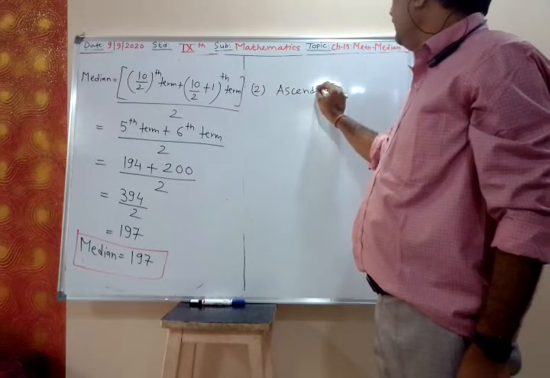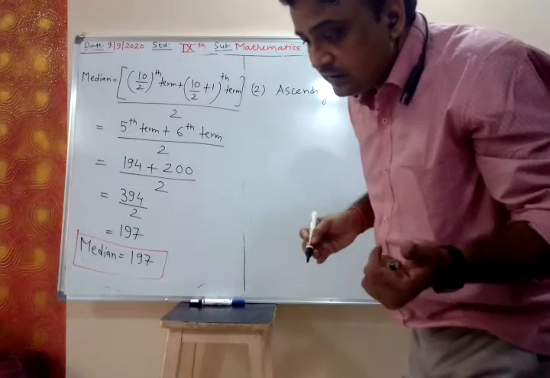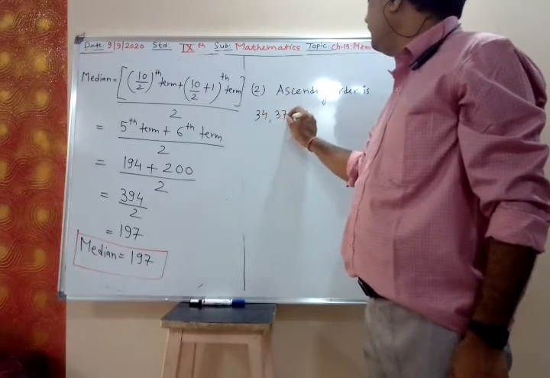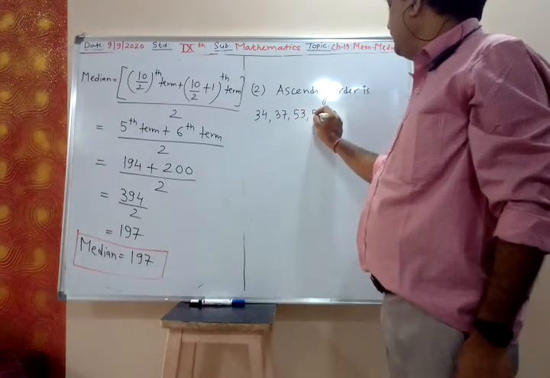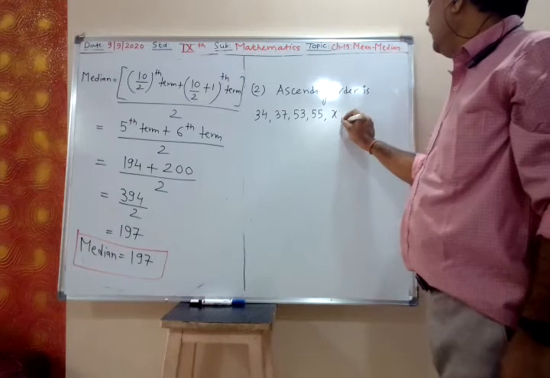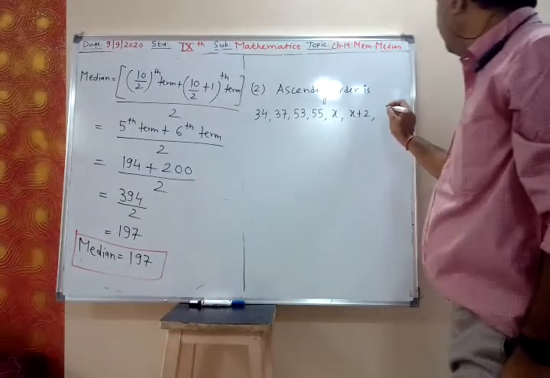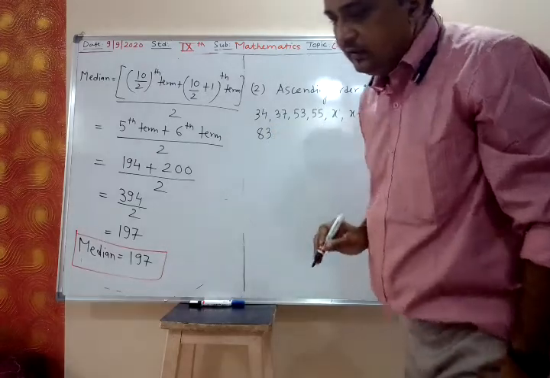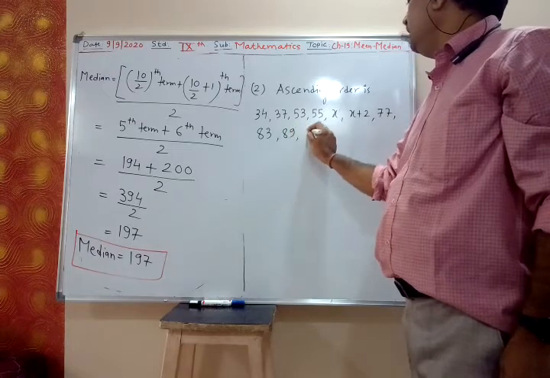What is the ascending order? 34, 37, 53, 55, then x, then x plus 2, then 77, then 83, then 89, and 100.